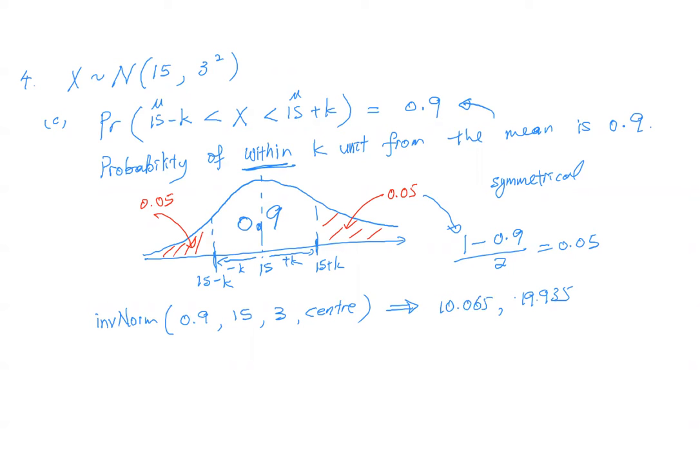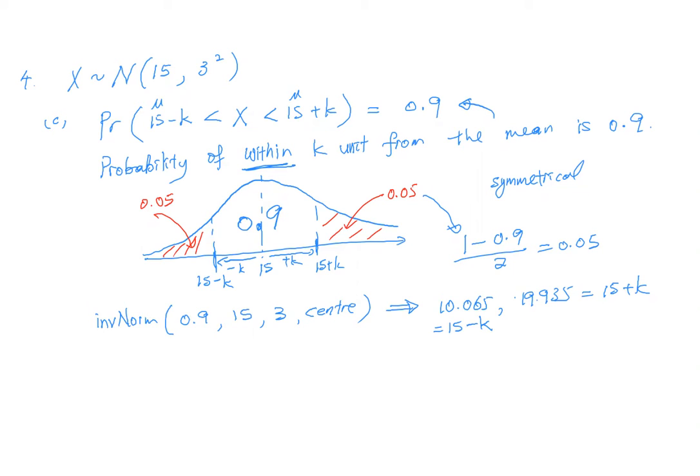Okay, so now, can you tell me, 19.935, is it 15 minus K or 15 plus K? 15 plus K. So can you find K now? Or you can use this one to find K also, your choice. You will get the same answer. Got it? Okay.